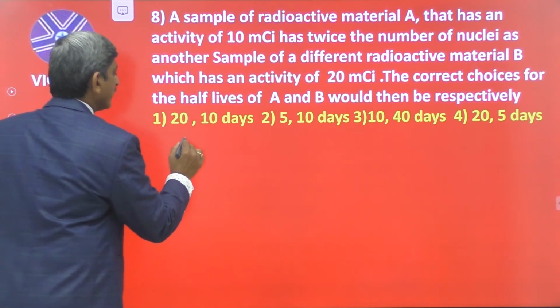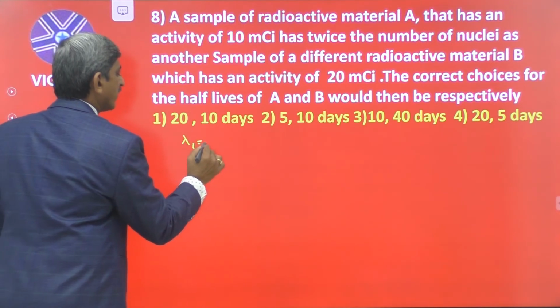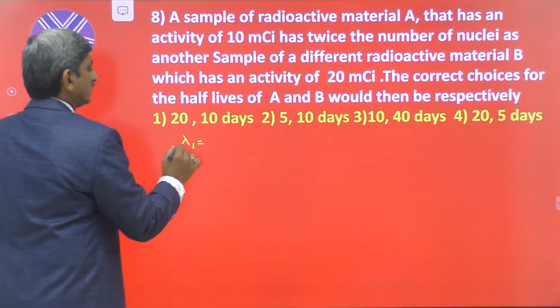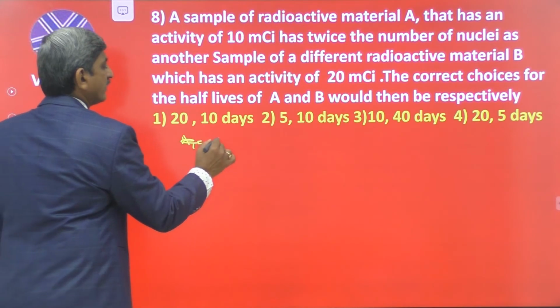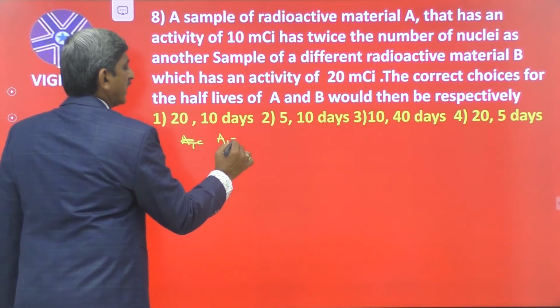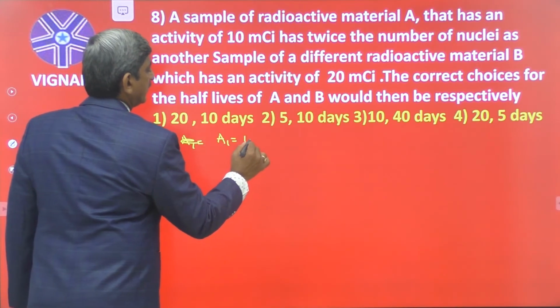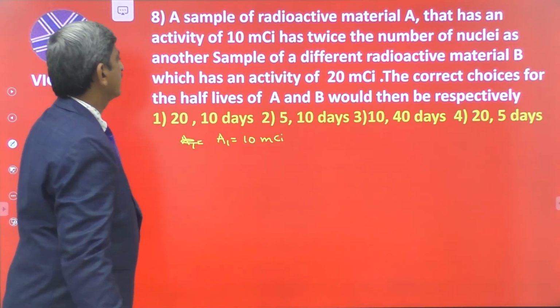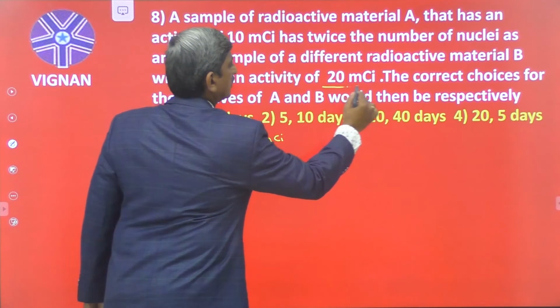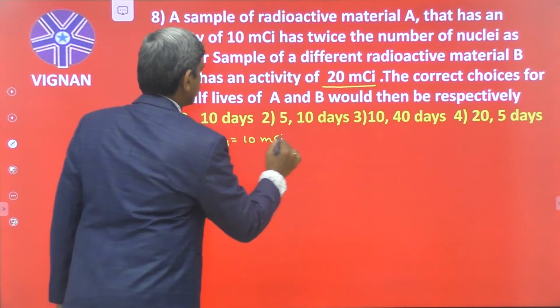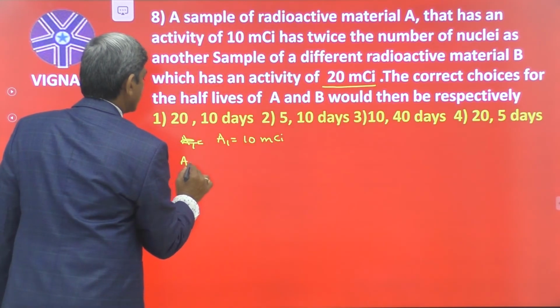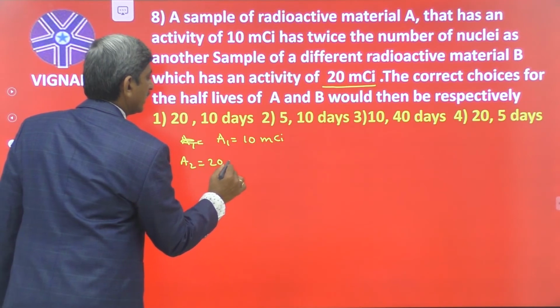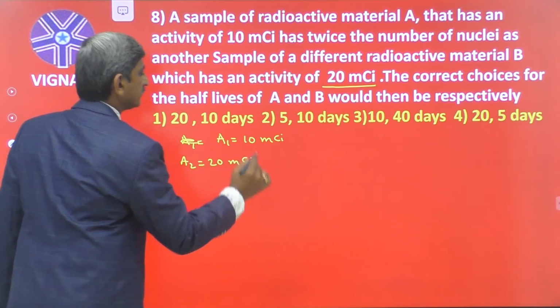So here, the activity of sample A is equal to 10 millicurie, and the activity of the other sample is 20 millicurie. So we can write A2 is equal to 20 millicurie.